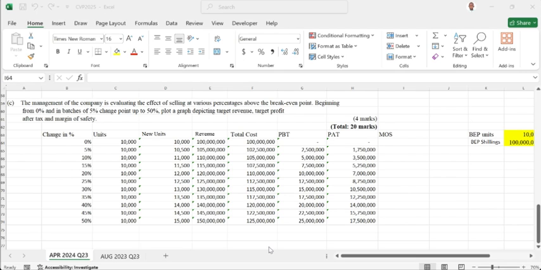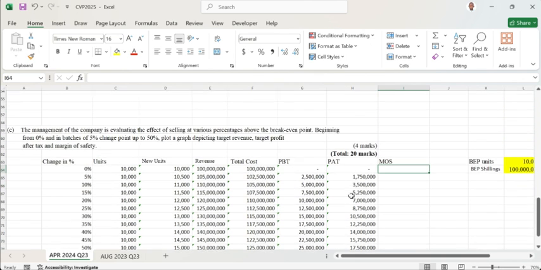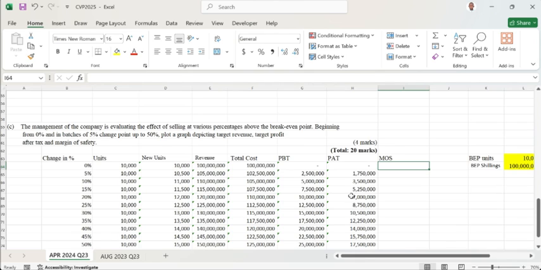Sioni kwa hizo notes ulitupea. Yesterday I projected questions tukapitia through. Ama you were watching me. It was there. MOS.